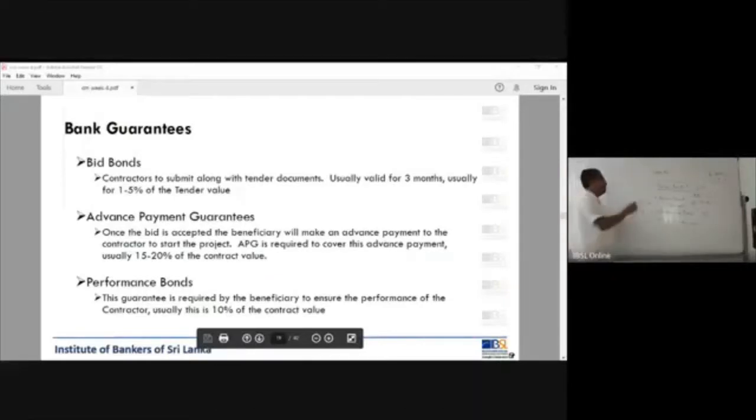That means when you finish everything, out of 1,000, 5% will be held for 1 year. This is for workmanship defects. This 5% will be kept with UDA to compensate for any workmanship issues.